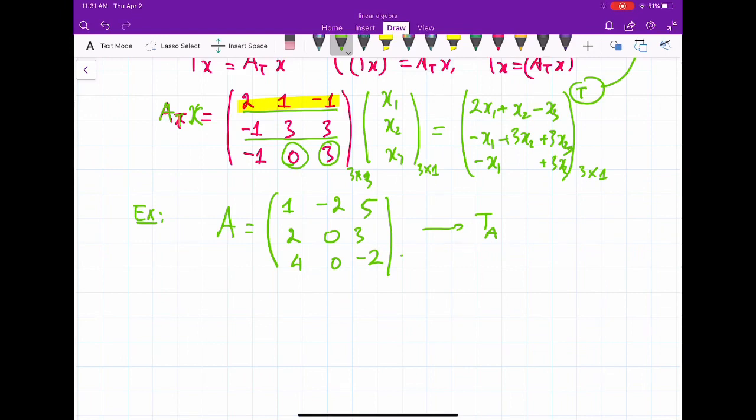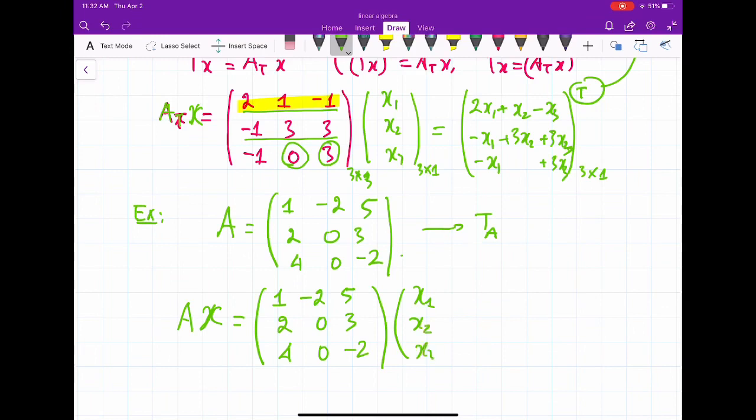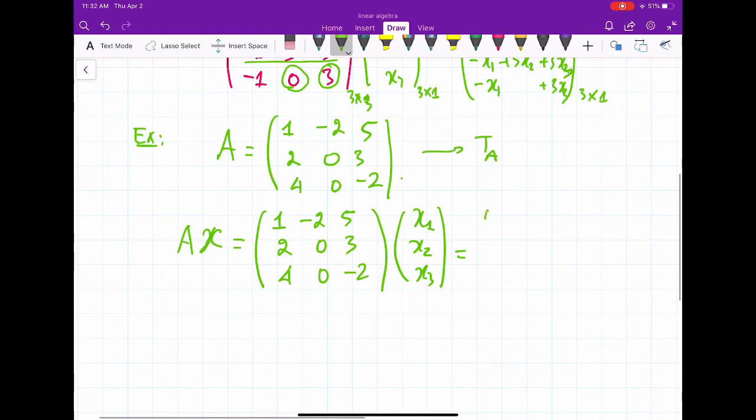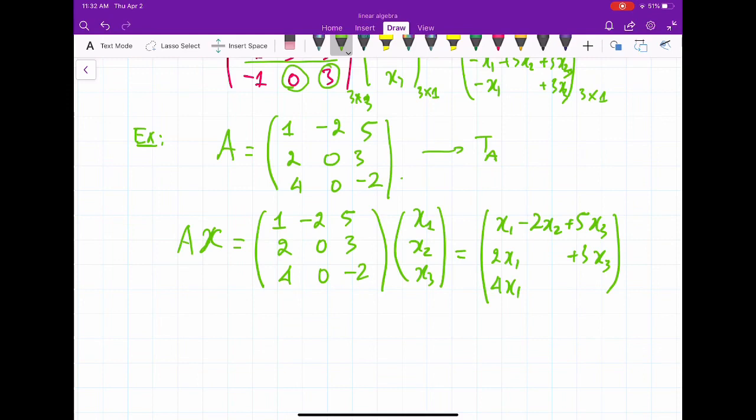So you just apply this matrix to some vector x. You have [1, -2, 5; 2, 0, 3; 4, 0, -2] applied to x1, x2, and x3, or x, y, z, whatever you want. You have x1 - 2x2 + 5x3, 2x1 + 0x2 + 3x3, and then 4x1 + 0x2 - 2x3.